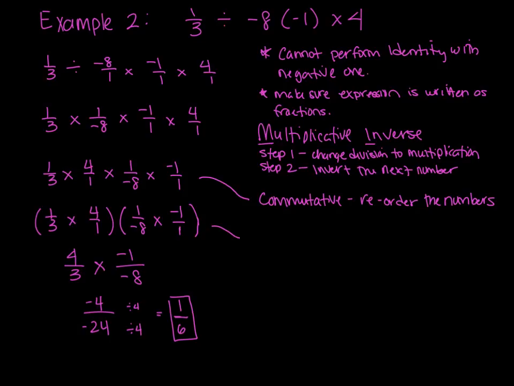And then finally, we grouped with the associative property, because whatever's inside those parentheses is what we're going to multiply first. And then when we solve this expression, we get 1/6 at the end.